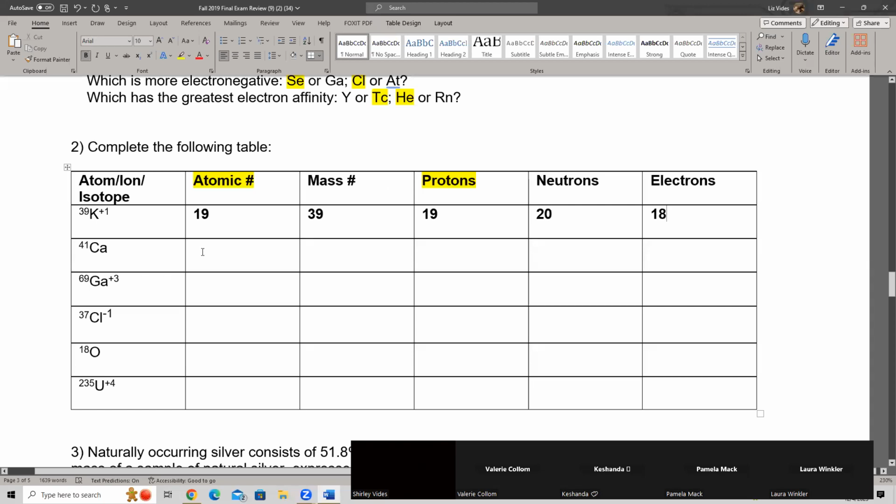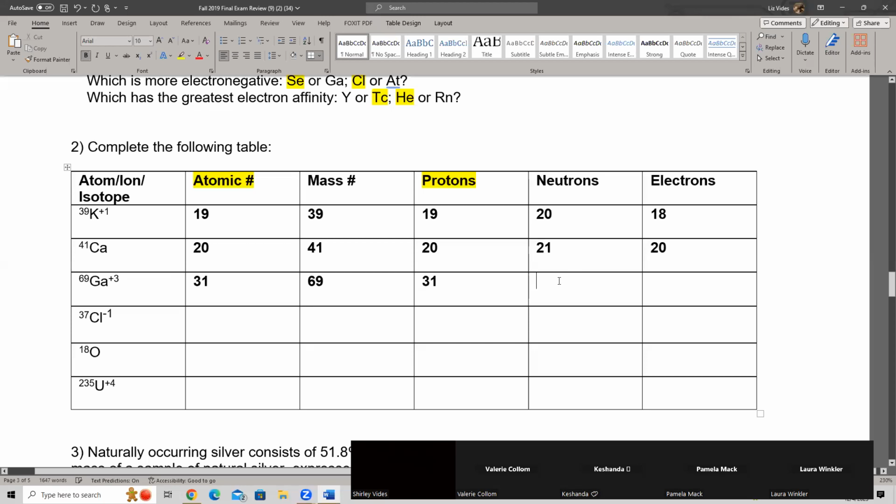All right, so calcium, it is 20, yep. And then this says 41. So the protons are 20 and neutrons is going to be 21. And electrons, they didn't change them, so 20. Notice there's no positive or negative on there. Okay, gallium, 31. So the protons is 31. The mass number is 69.